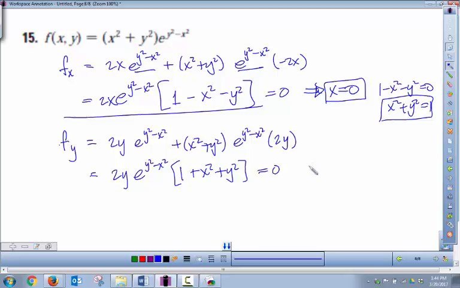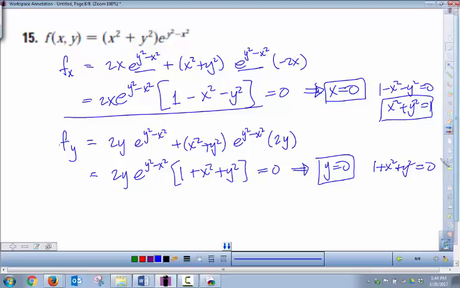But it has to happen at the same time. This is equal to 0, the fy. So y equal to 0, and then you got 1 plus x squared plus y squared equal to 0, which will never happen. We have no solutions for this.